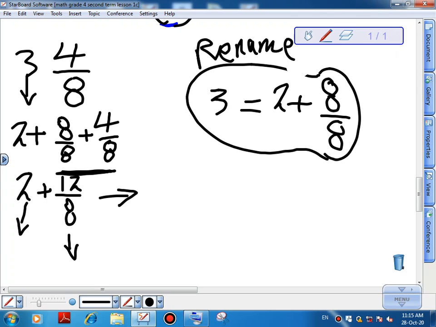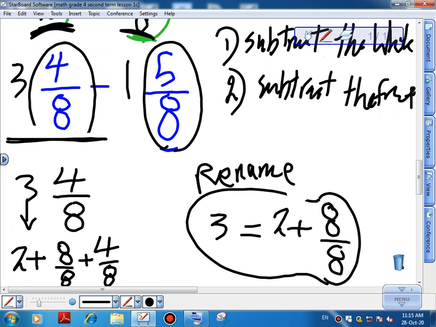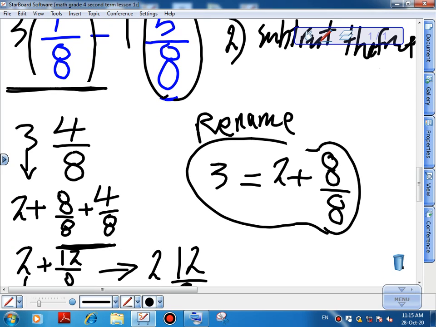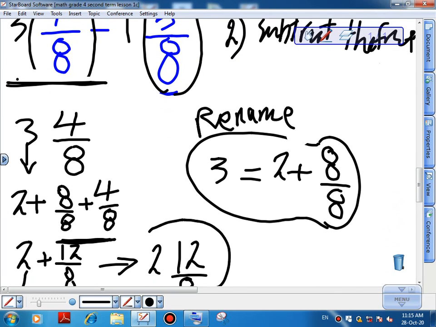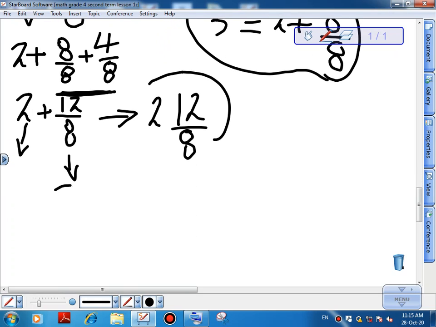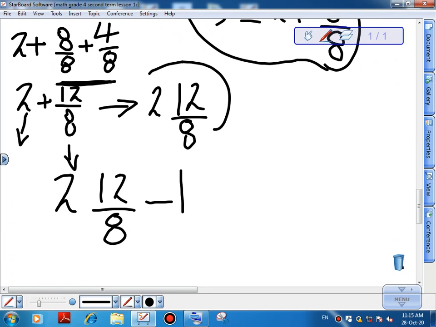This is a mixed number, 2 and 12 over 8. Now I can subtract. How? 3 and 4 over 8 will be 2 and 12 over 8. 2 and 12 over 8 minus 1 and 5 over 8.